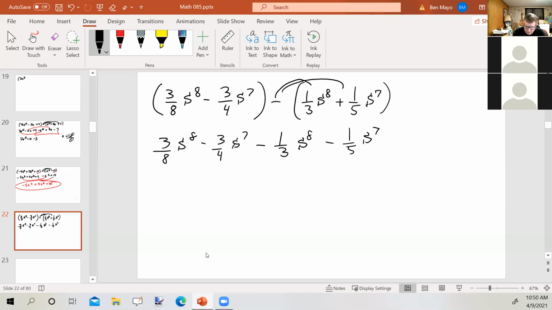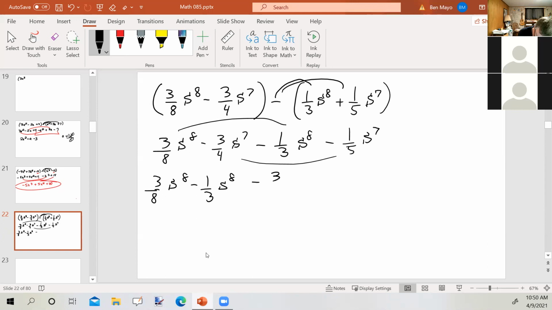All right. Next, I'm going to recopy the polynomial, putting the like terms next to each other. So these two go together and these two go together. 3/8 s to the 8th minus 1/3 s to the 8th minus 3/4 s to the 7th minus 1/5 s to the 7th. Now, in order to combine like terms, I need the least common denominator. What's the least common denominator of 8 and 3? Anybody? 24. Correct.